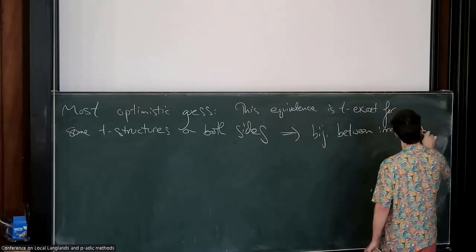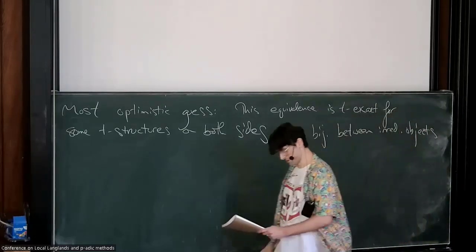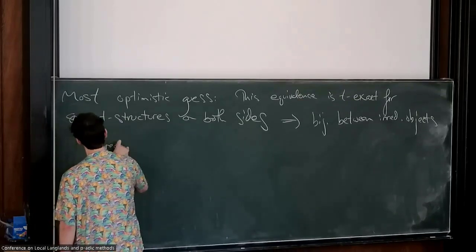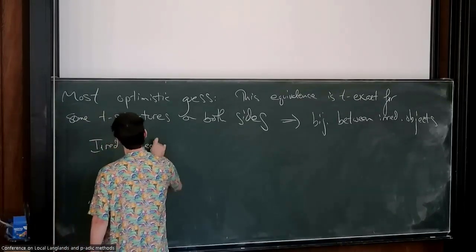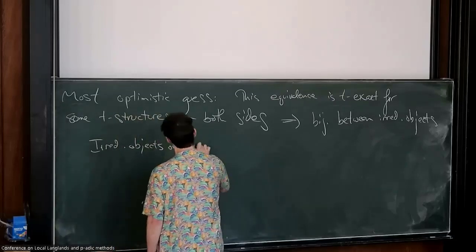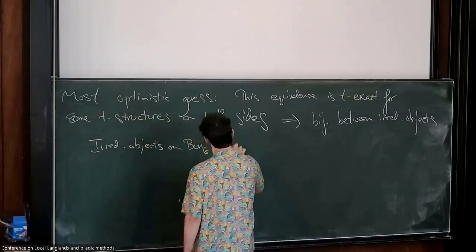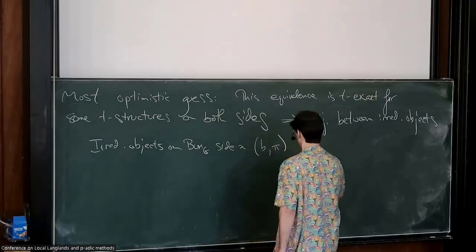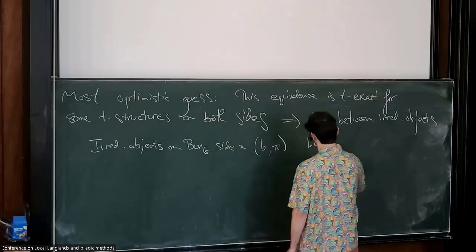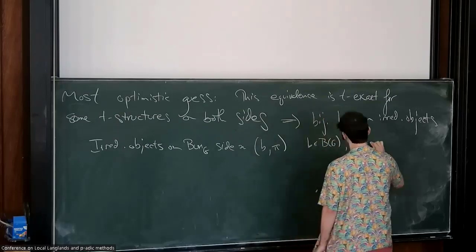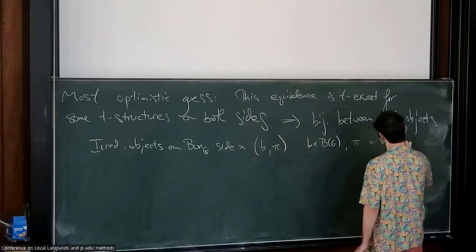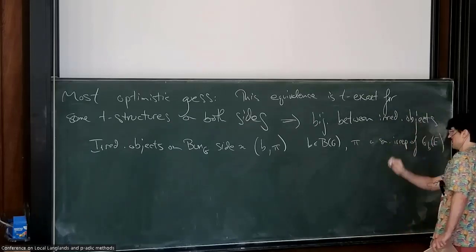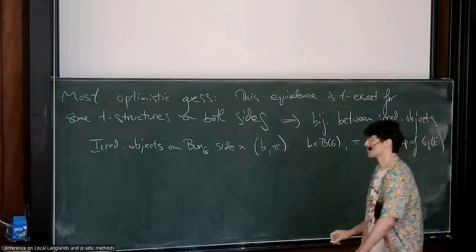And you might also hallucinate further that the irreducible objects on the Bun_G side should be something like pairs (b, π), where b is in B(G), and π is a smooth irrep of G_b(E).